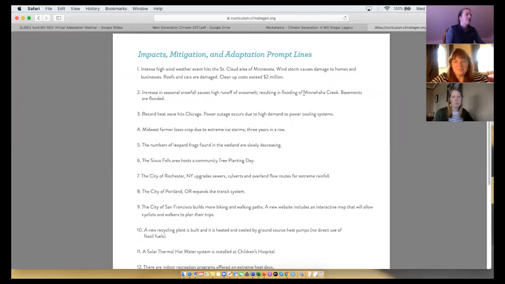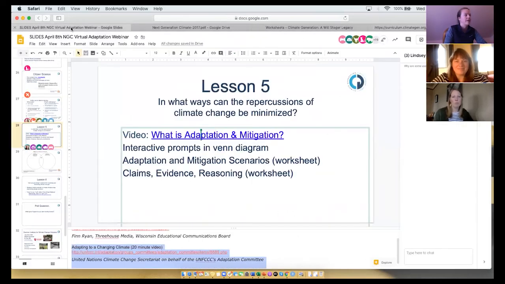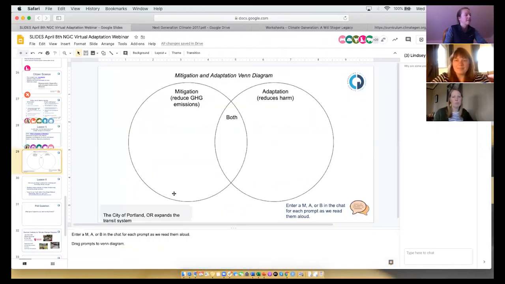Prompt lines are just scenarios that can be categorized as an adaptation, a mitigation, or both. You can do this asynchronously or synchronously, and I'll show you how we created an interactive doc that you can use as a synchronous activity. On slide 29, we've created a Venn diagram.